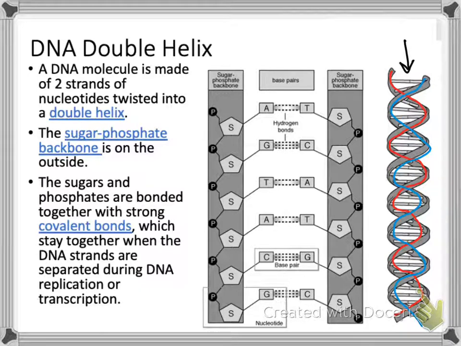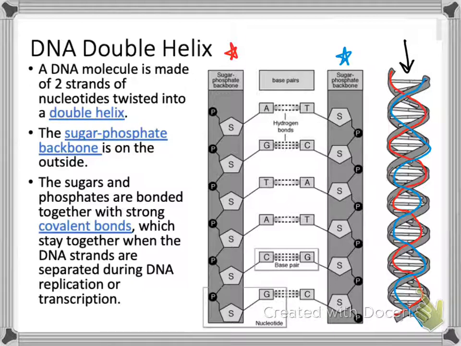Okay, what is making up the red and blue parts that I made? So this would be like our blue side, and then this would be like our red side, okay? What's making up those outer ribbons, the railings of our staircase or the sides of our ladder?